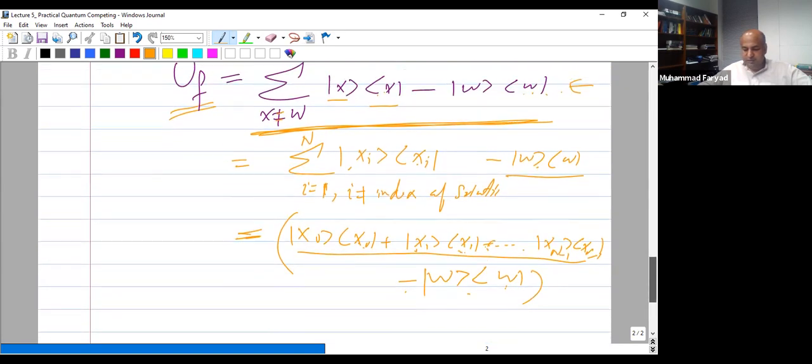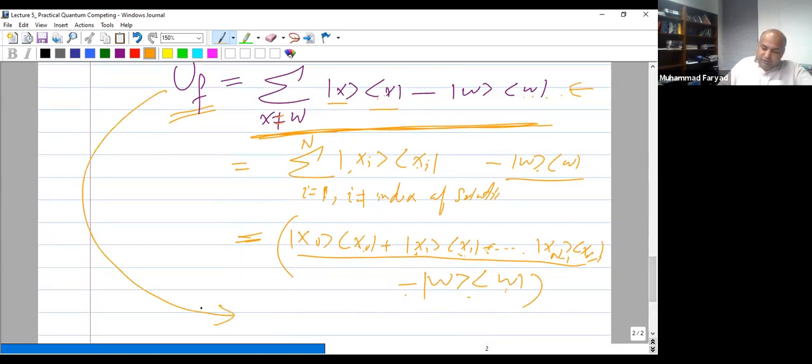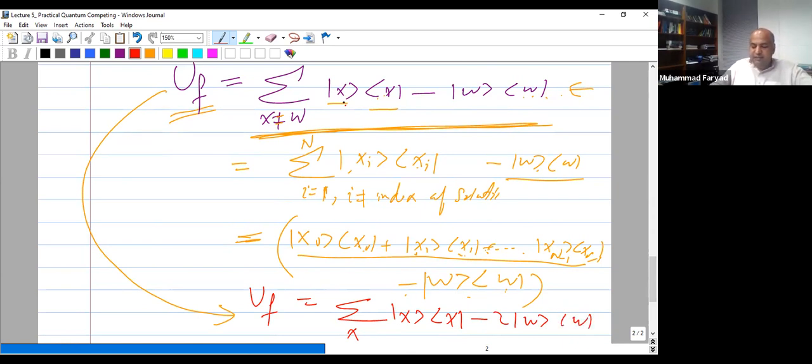All right, if not, let me rewrite this oracle in another way. If I add this W state over here as well, I have to subtract it as well, so this will simply become the sum over all x, x, x, and another W would be added here, W, W. So what I did is I just added this missing term so that the sum becomes over all x, where over here this was all terms other than this x.